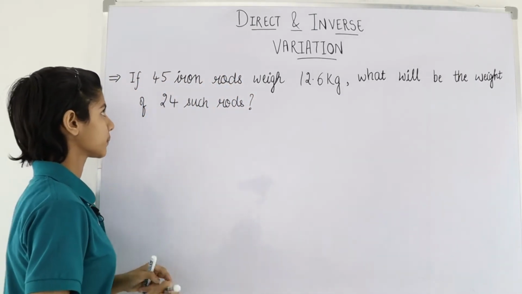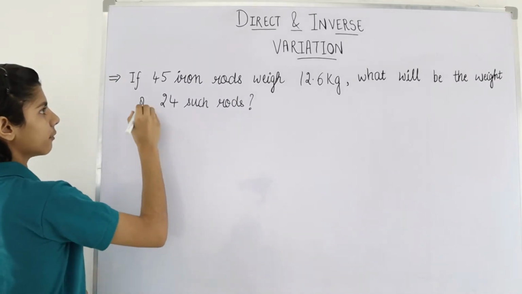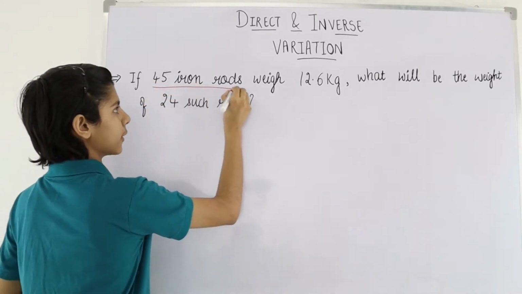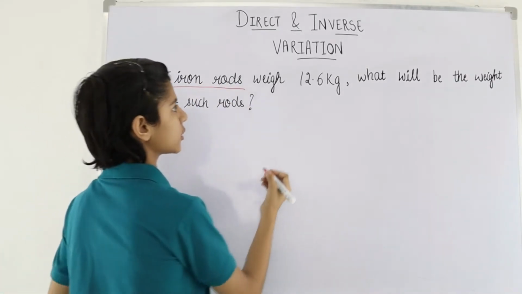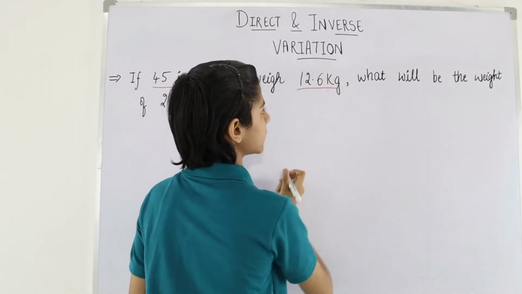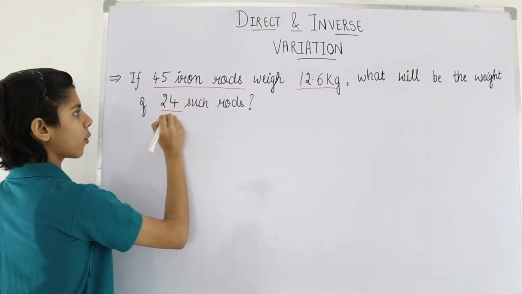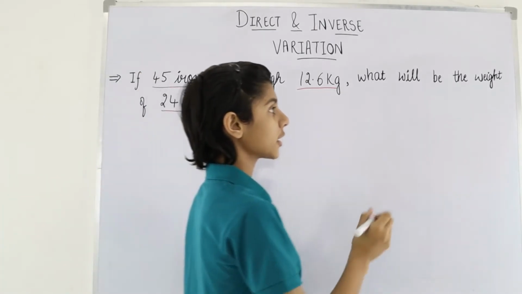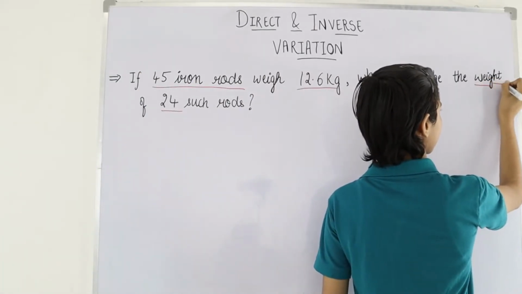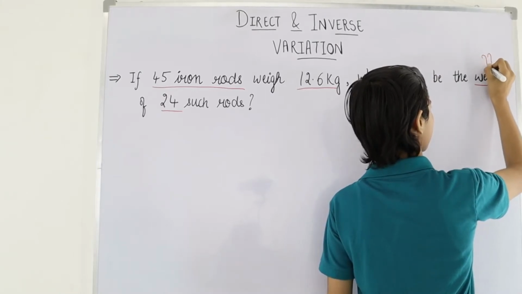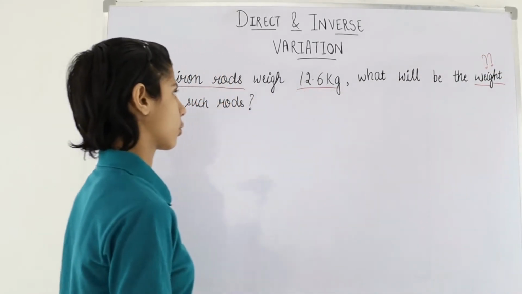So we will highlight here the variables. 45 iron rods, its weight 12.6 kg, and what it is asking, 24 rods. What it is asking, it is the weight of 24 rods. So you will write here a question mark.